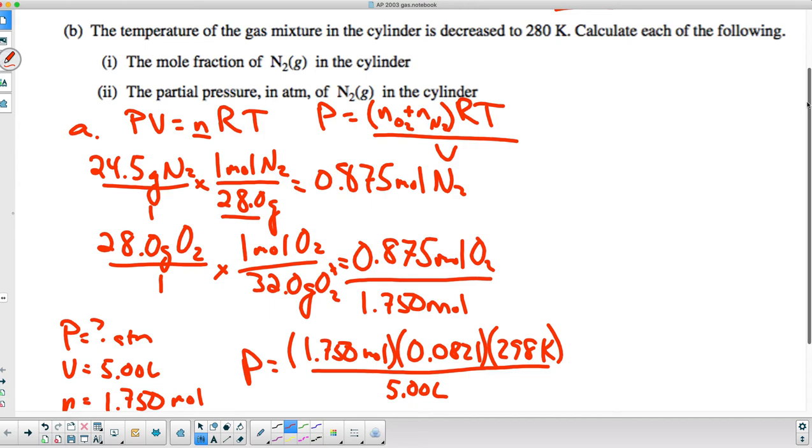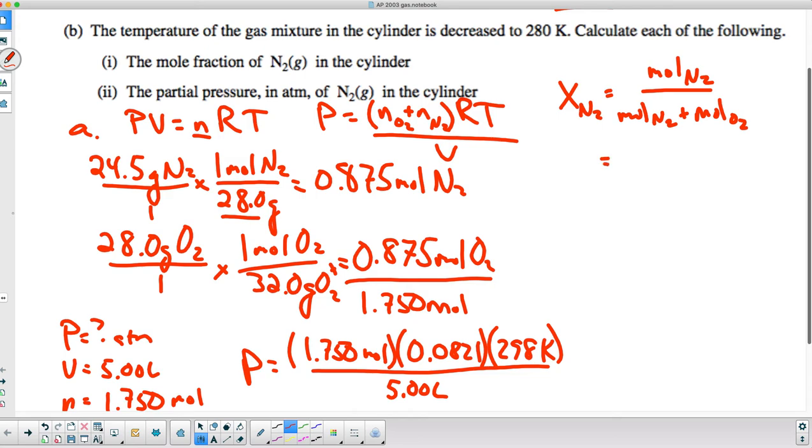We know what the number of moles are. So there is something called mole fraction. Mole fraction of N2 is the moles of N2 divided by moles of N2 plus moles of O2, since those are the two things that are in there.